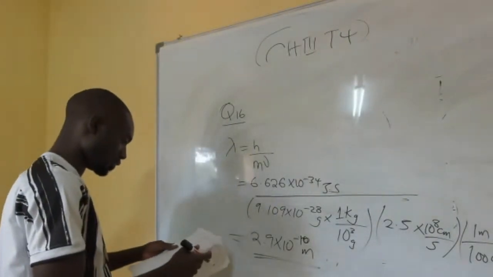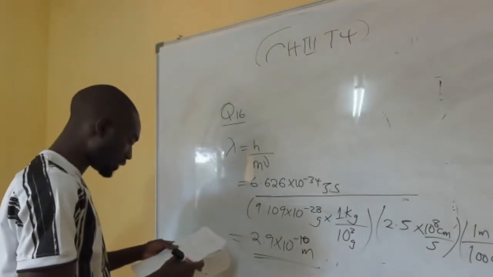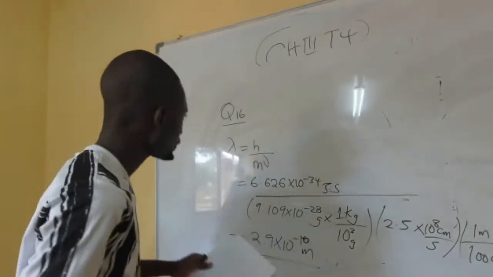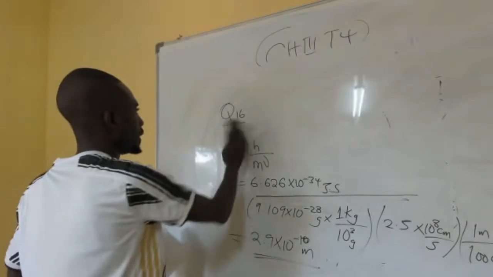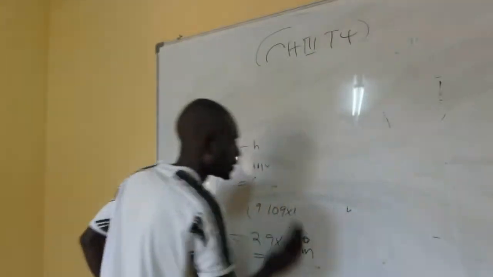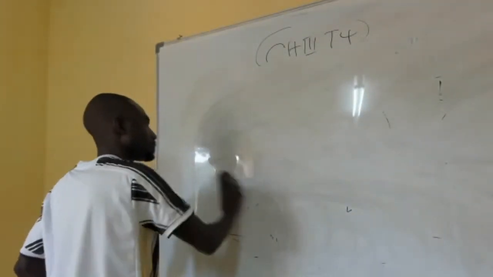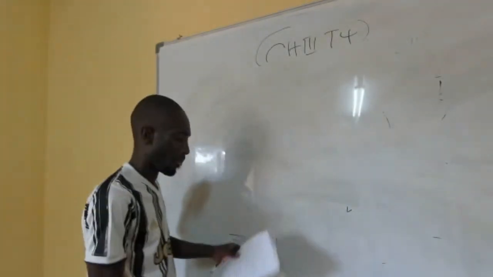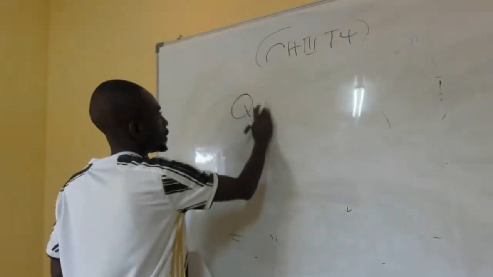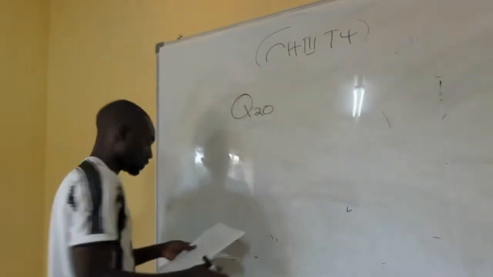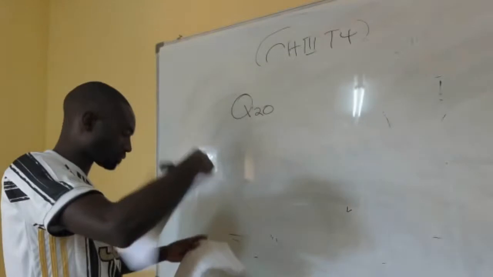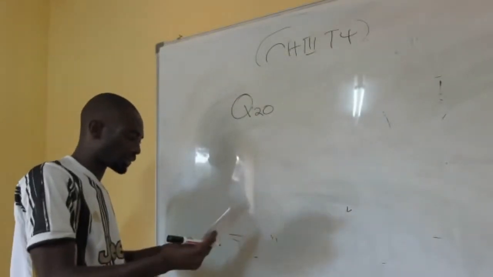Okay, so let's look at question 20. That is done, question 16. We're going to go to question 20 now. Question 20, what are they asking for?